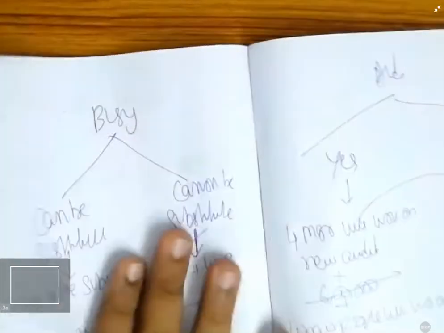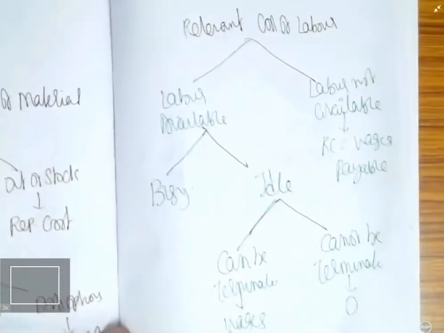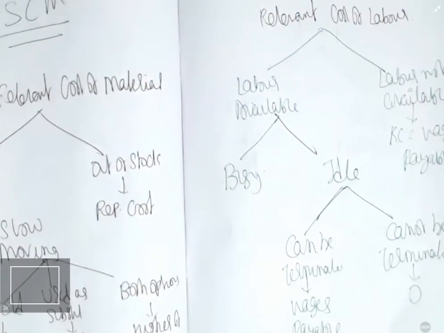Now as far as labor is concerned, I'll just summarize it. It can fall in the scenario where labor is available or labor is not available. If they are not available, relevant cost is wages payable. If they are available, they can either be busy or idle.